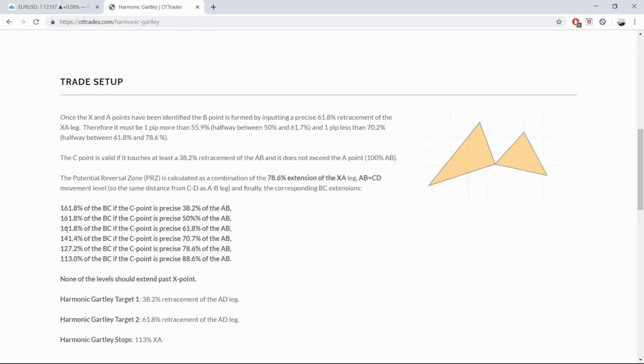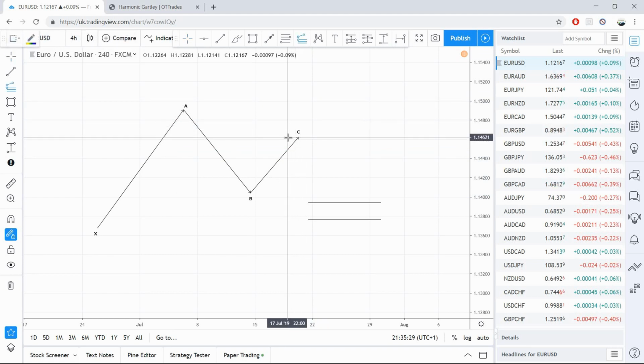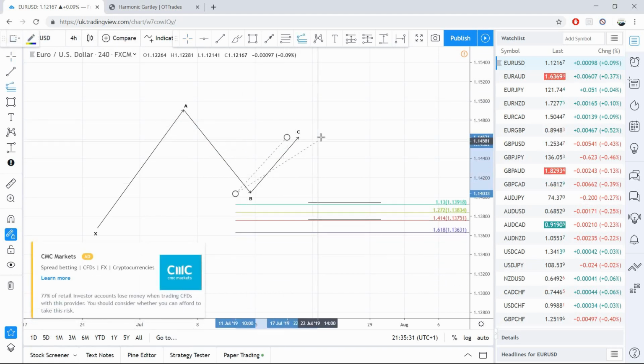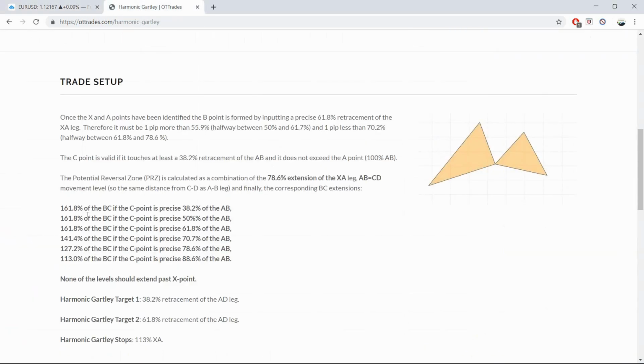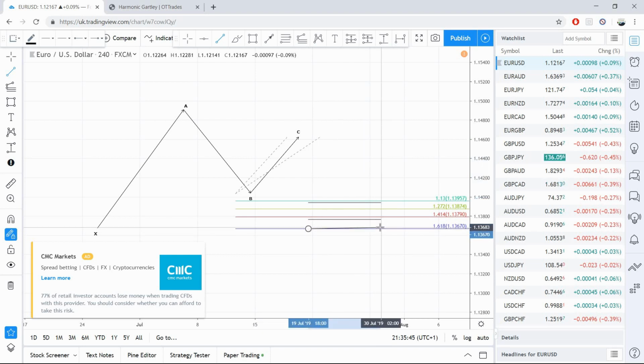Therefore, the final part of the D point, or potential reversal zone, is a 1618 extension of the B to C leg, because our C point forms a precise 618. So B to C leg, and we are looking for a 1618 extension, which is this purple line down here, and that forms the final point of our PRZ.